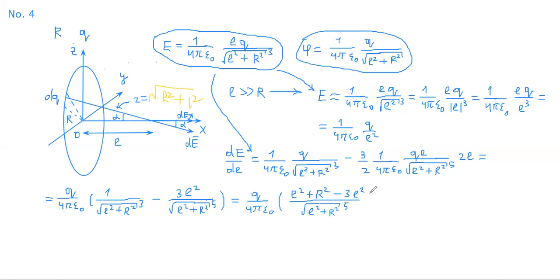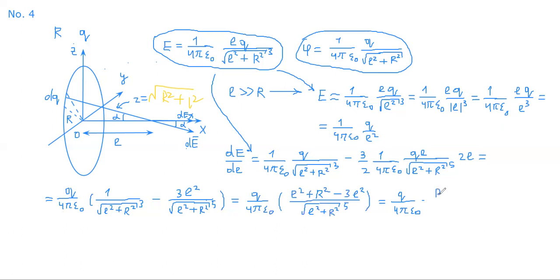To the power of 5. And this is equal to q divided by 4πε0. In the numerator, we can make some simplifying.